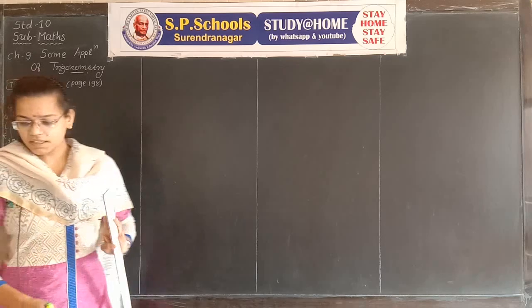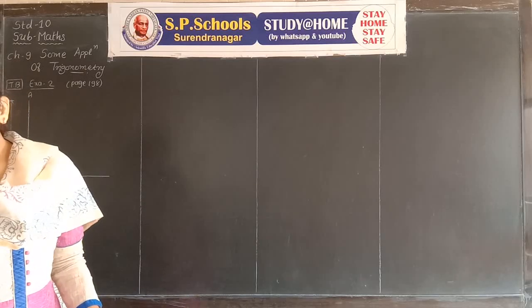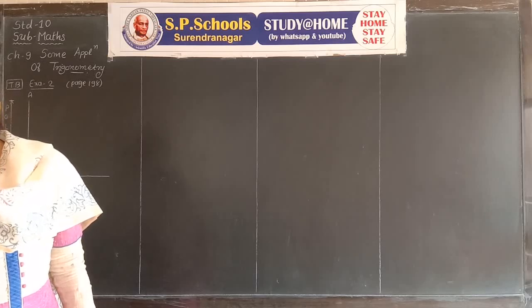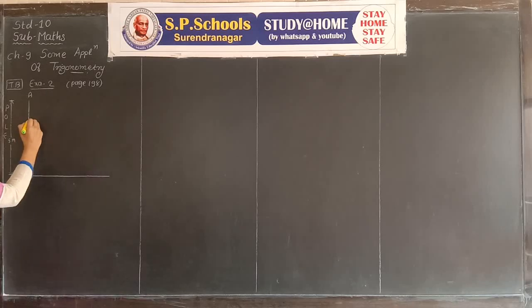Next, she needs to reach a point 1.3 meter below the top of the pole. Suppose it is a point C which is 1.3 meter below the top.